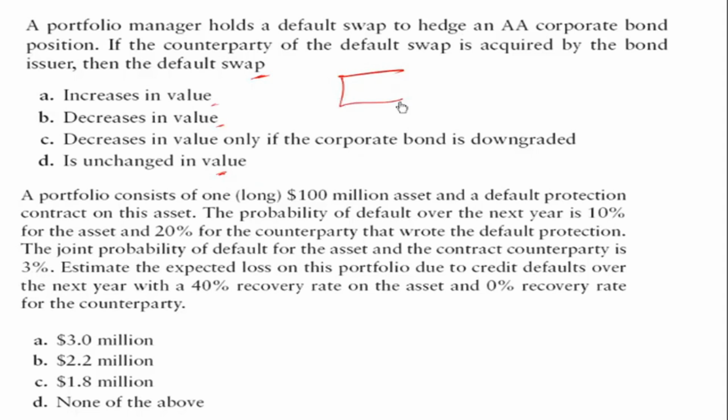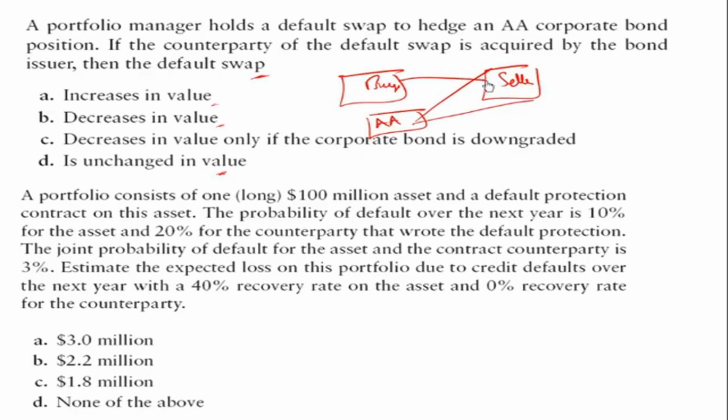So there is a protection buyer, there is a protection seller, and there is a reference asset, that is the AA bond. Now, the counterparty is acquired by the bond issuer. So AA acquires the seller.